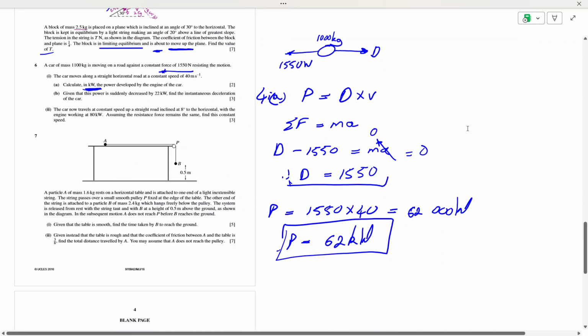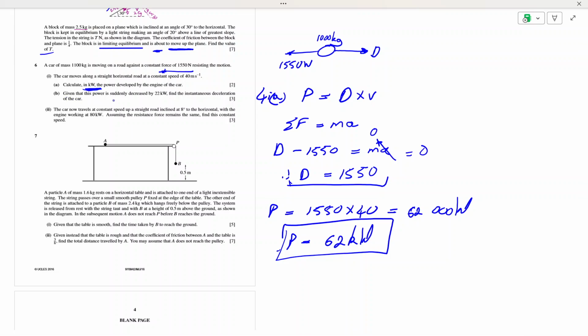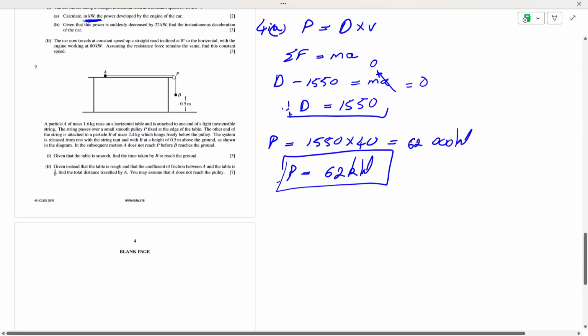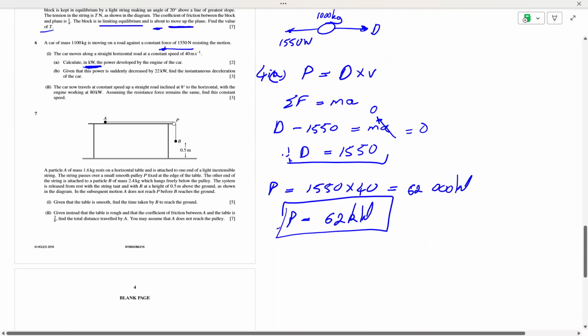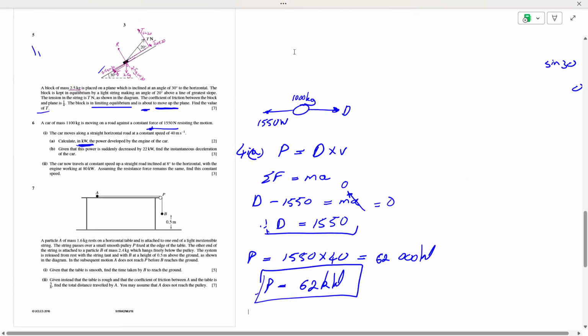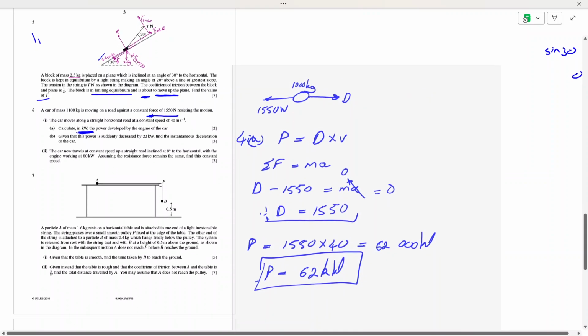Part 1B. Given that this power suddenly decreased by 22 kilowatts, find the instantaneous deceleration of the car. Okay, so this is how I'm going to approach this second part. We just clear this up.